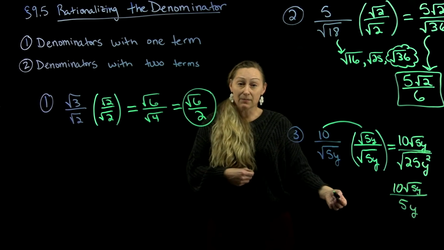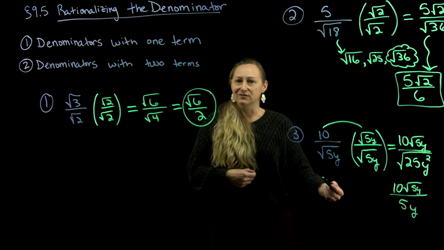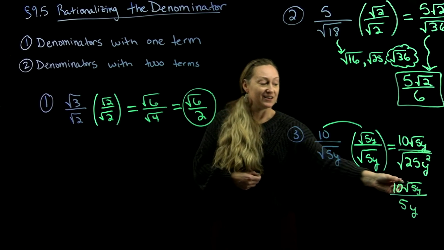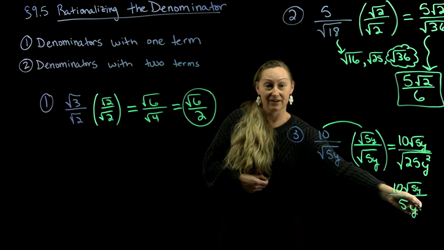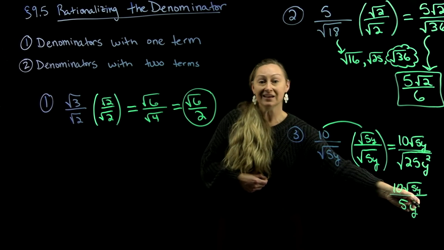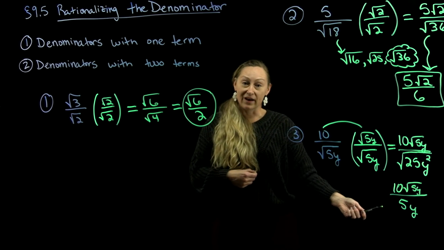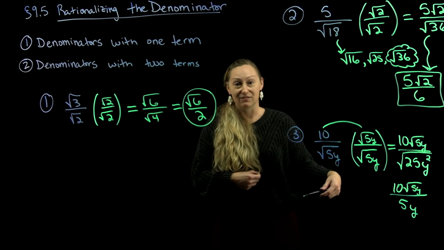Now, if you're thinking about trying to simplify this a little bit further, that's good news. The bad news is make sure that we simplify correctly. Is it pretty tempting to cancel this 5y in the top with that 5y in the bottom? Probably tempting. Hopefully you recognize that that's not okay though, because what's under the radical has to stay under the radical, and what's outside the radical has to stay outside the radical.